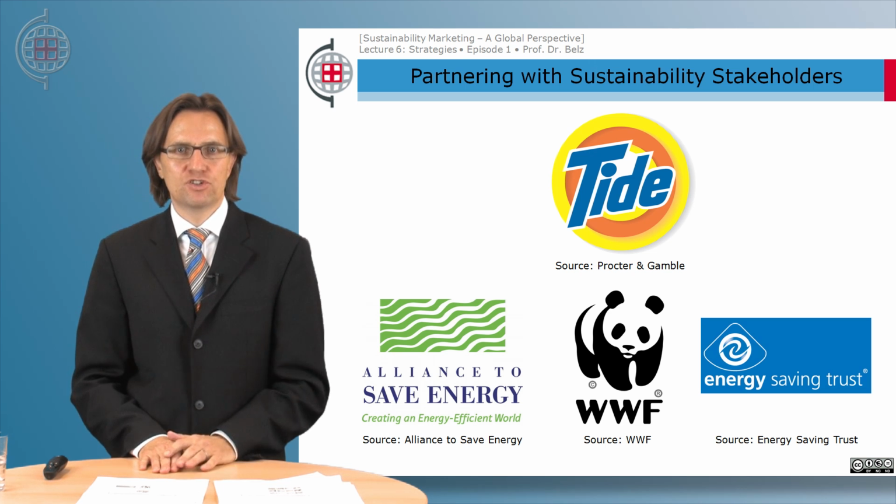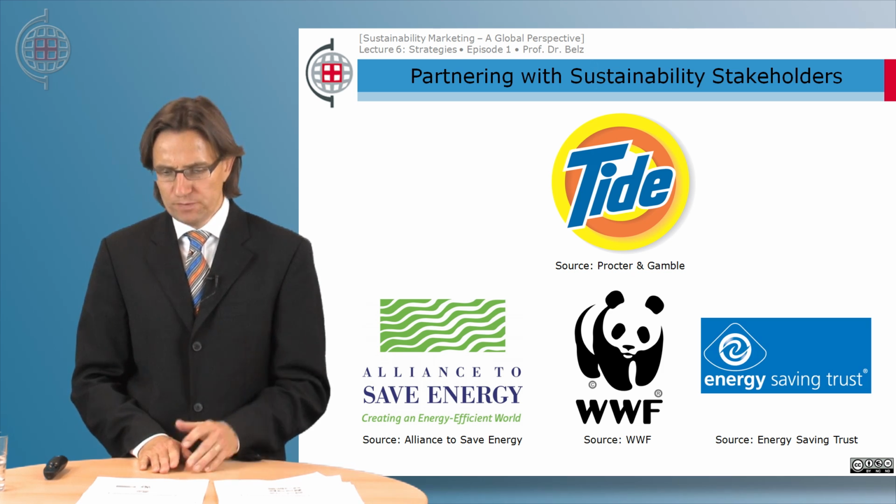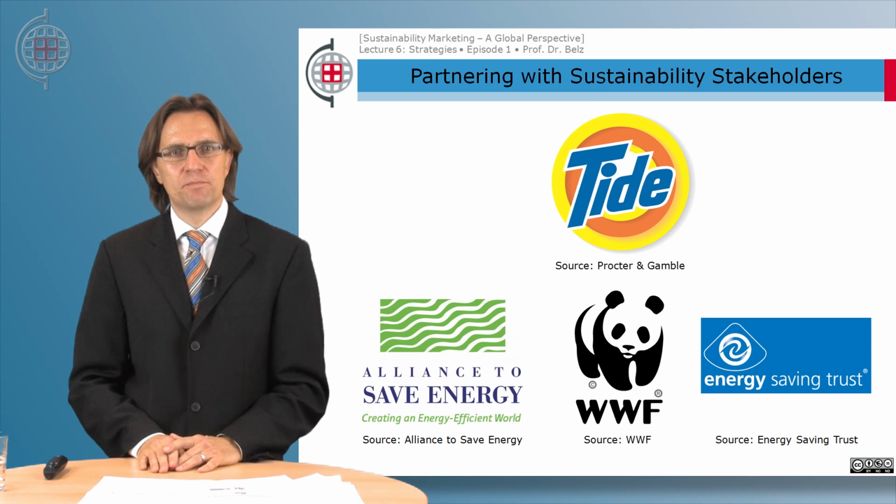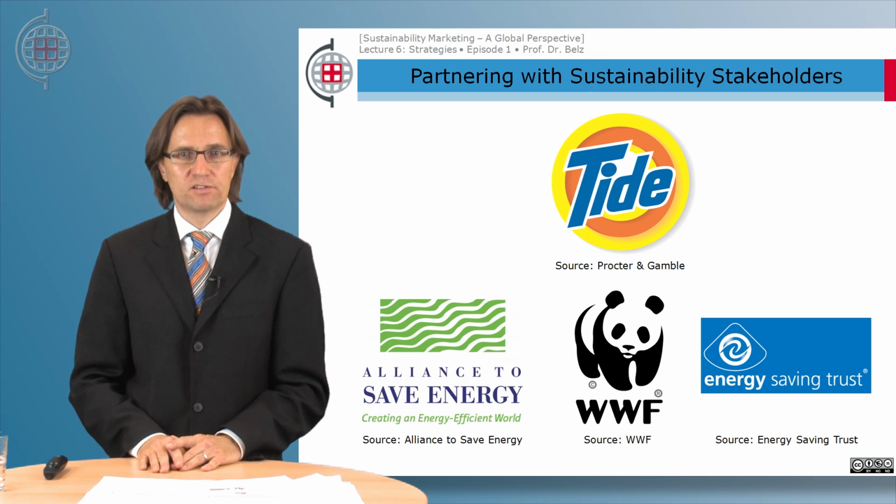Tide is a washing detergent, the number 1 in the North American washing detergent market. And in 2000, they introduced Tide Cold Water, which performs highly at lower temperatures, like 20 degrees.